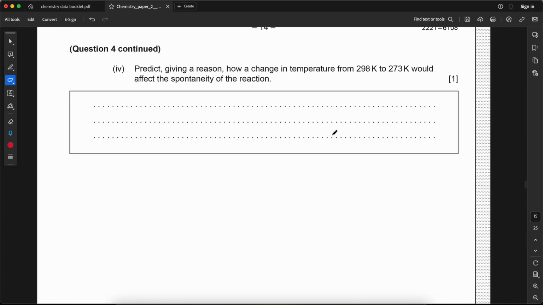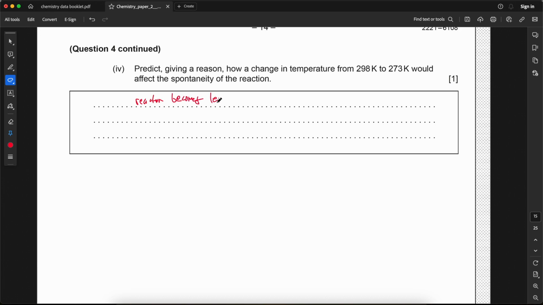Predict, giving a reason, how a change in temperature from 298 K to 273 K would affect the spontaneity of the reaction. So the temperature decreases.